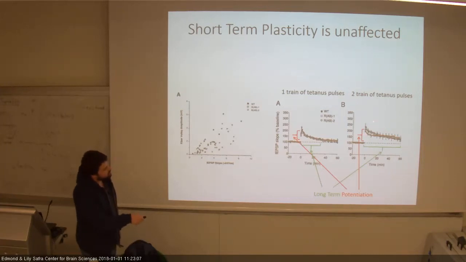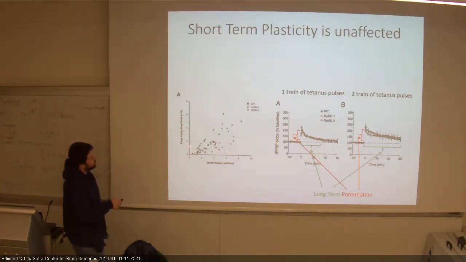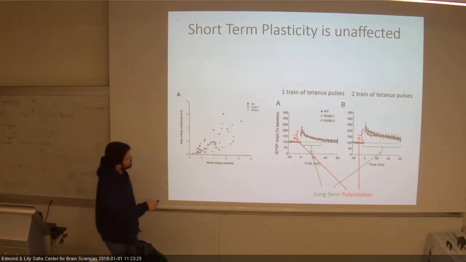So you see that there's almost no difference in the size of the response. And also they individually measured the response of the fiber volley amplitude, like the stimulation that they gave on the Schaffer collateral, and the response in the postsynaptic cell.